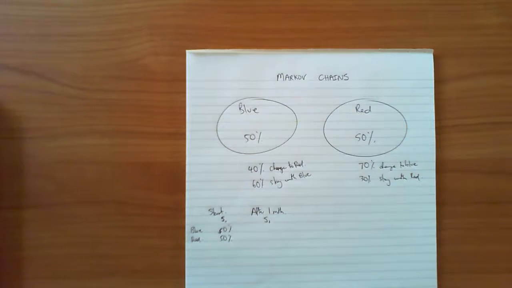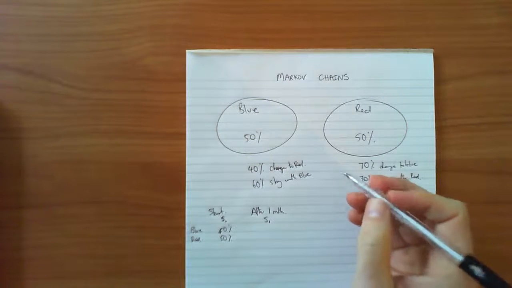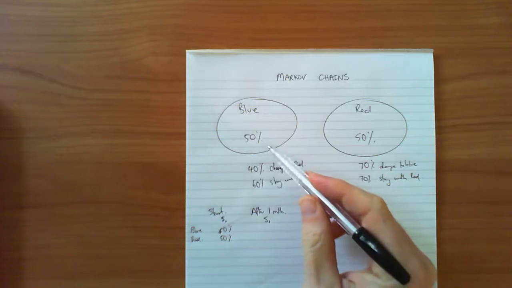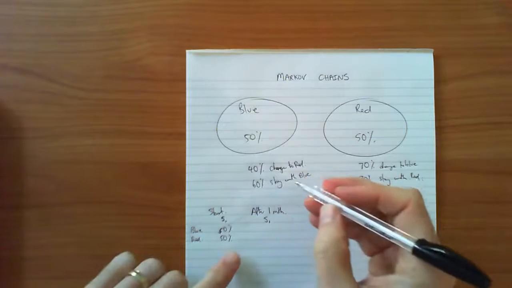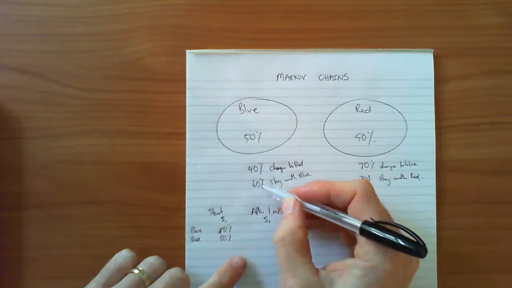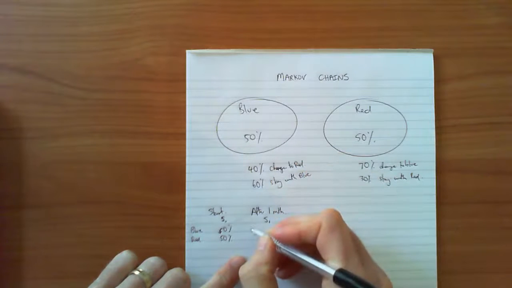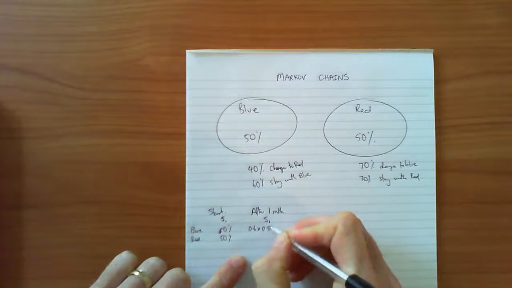Now, to work out what happens after 1 month, we need to consider these changes that we looked at. For blue drinkers, 60% of them stayed with blue. So that would be 0.6 lots of 0.5.